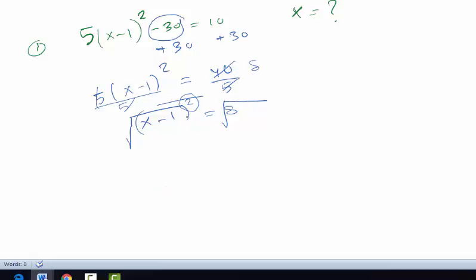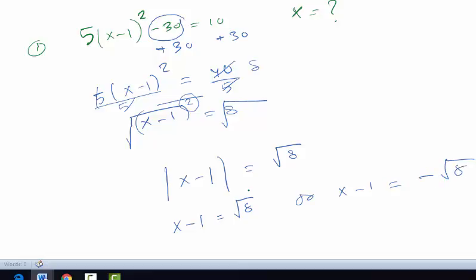The square root of x minus 1 squared is the absolute value of x minus 1, which equals the square root of 8. Absolute value means x minus 1 equals the square root of 8, or x minus 1 equals negative square root of 8.